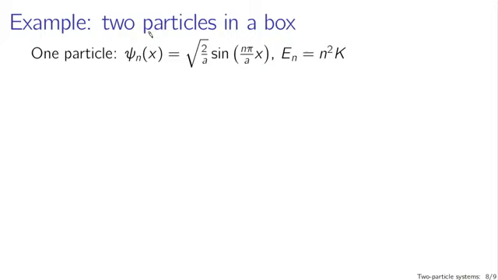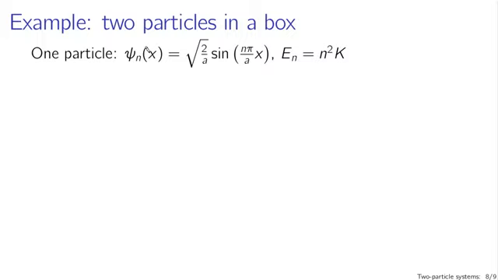As an example, consider back to the very beginning. The very first quantum mechanical system we worked with was a particle in a box. What happens if we put two particles in a box? Well, writing wave functions as symmetric or antisymmetric combinations of our distinguishable single particle wave functions is a little bit of a lie.